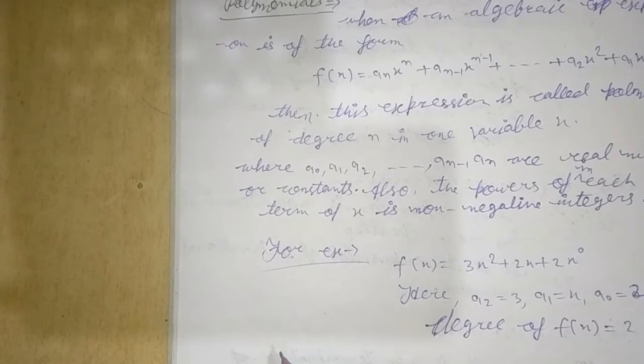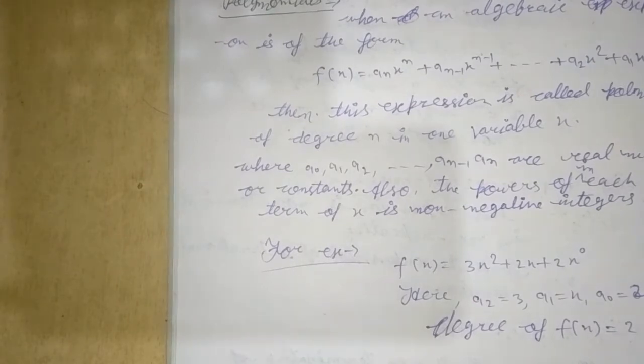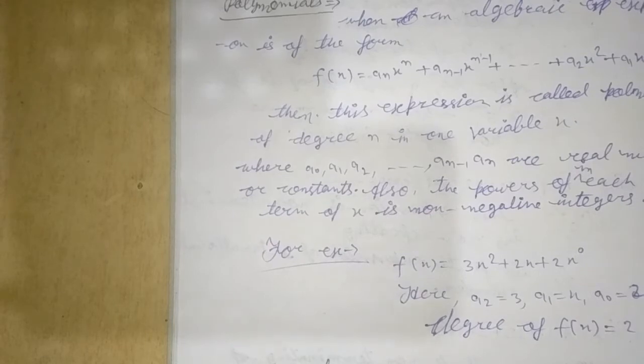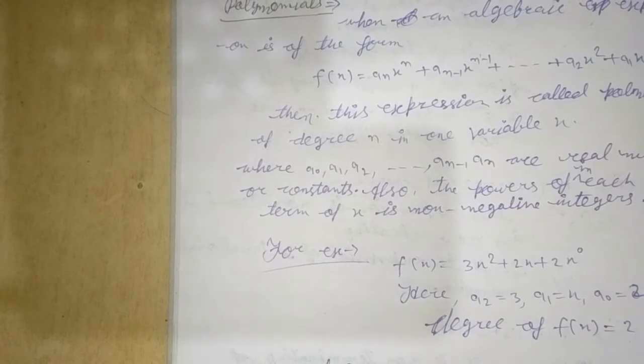So our next heading is zeros of a polynomial.